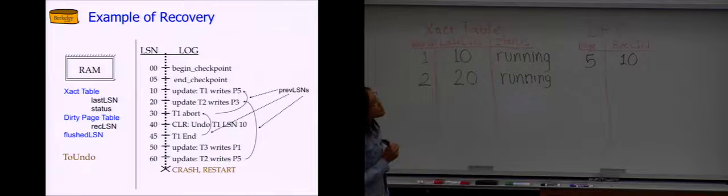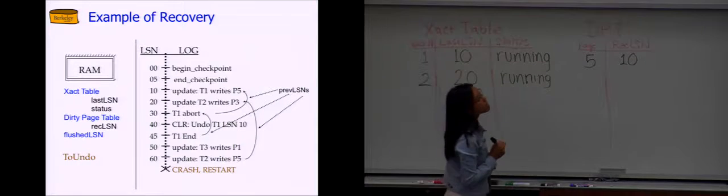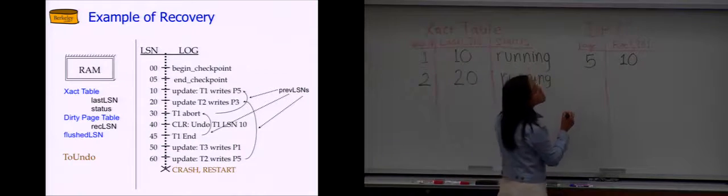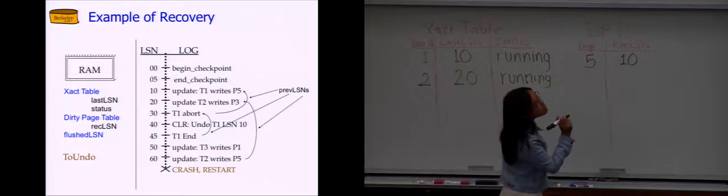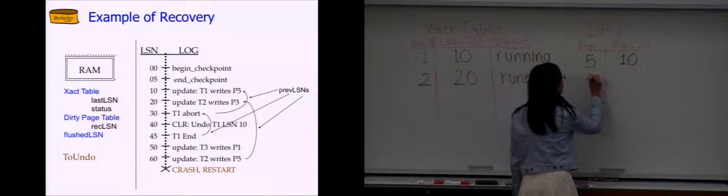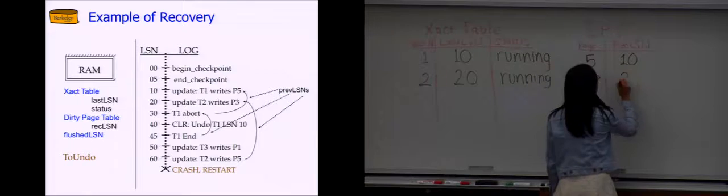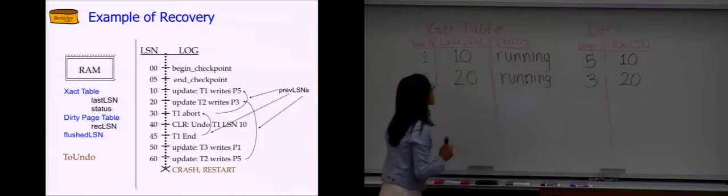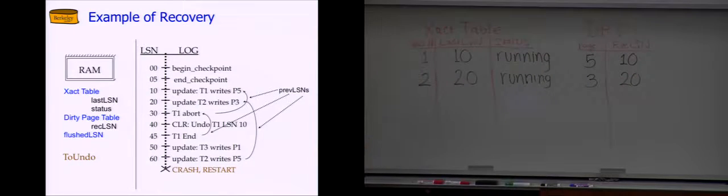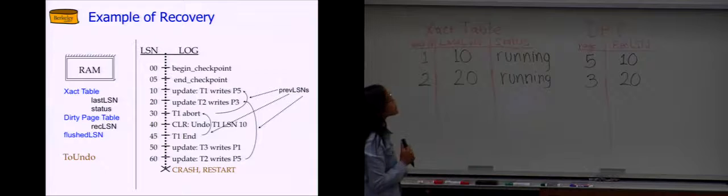DPT, dirty page table for log sequence number 20. Do we put something in? Page number 3, rec LSN 20. Okay. Oh, right. These log records, don't forget, have prev LSNs, both of which in this case were null, right? Because they were the first log record for each of these transactions.